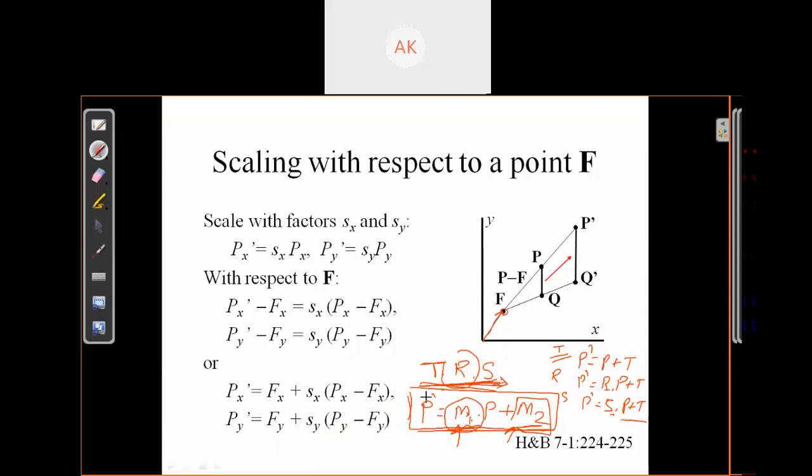So how can we efficiently calculate this sequence of transformations? We need a general form of the equation.